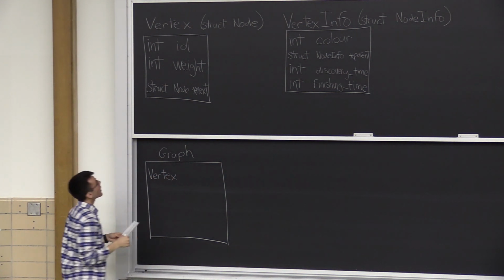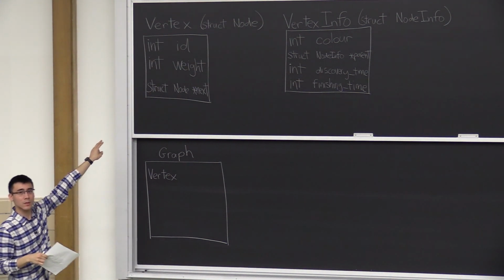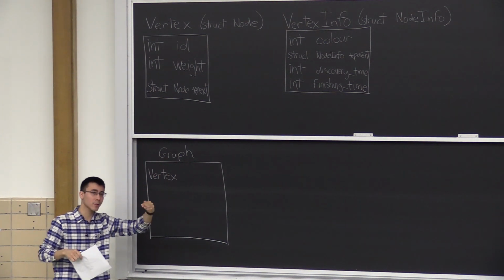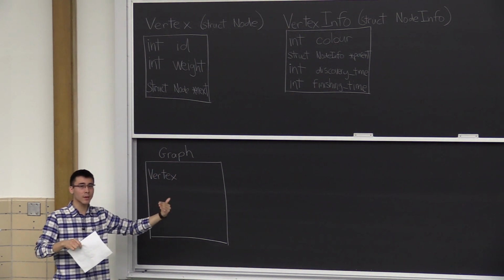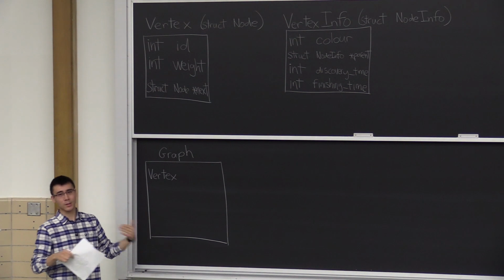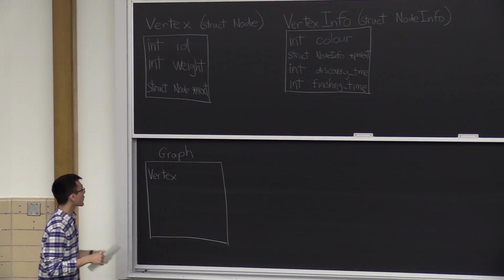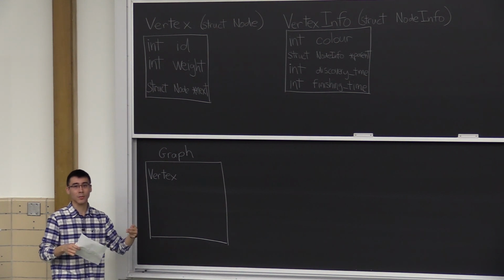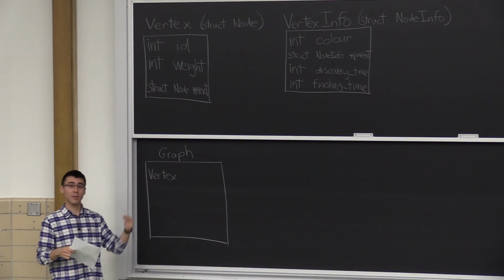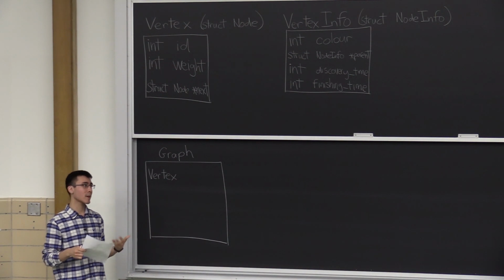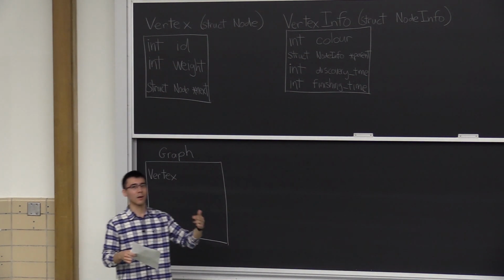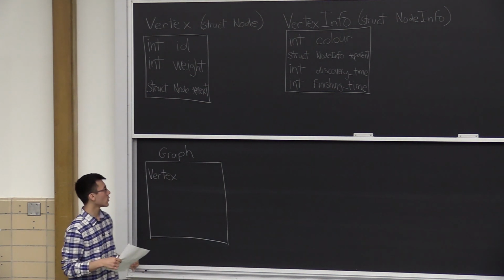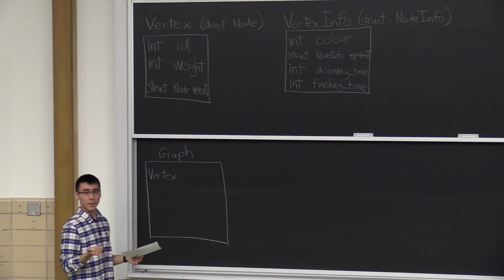Okay. Now, since we have maybe one linked list for vertex 0, another linked list for vertex 1, another linked list for vertex 2, and so on, we're going to need to have a pointer, right? Because that's how we implement linked lists typically. But since we have multiple linked lists, that means we're going to have an array of those linked lists, right? So what better way to implement that?